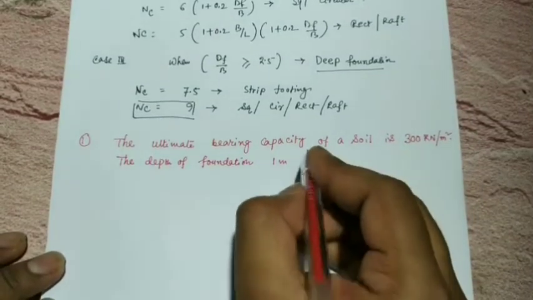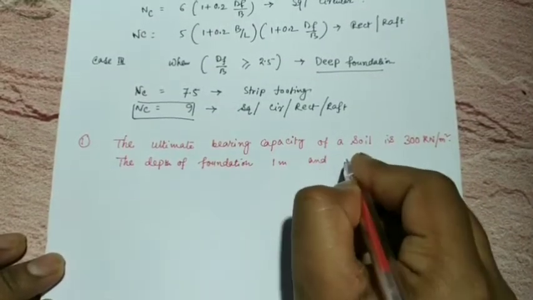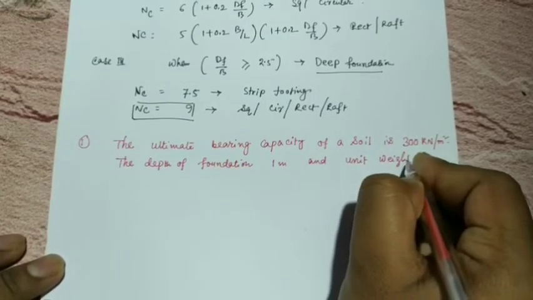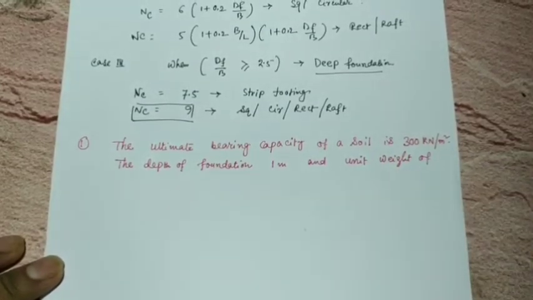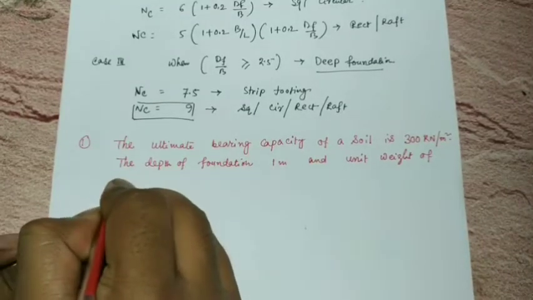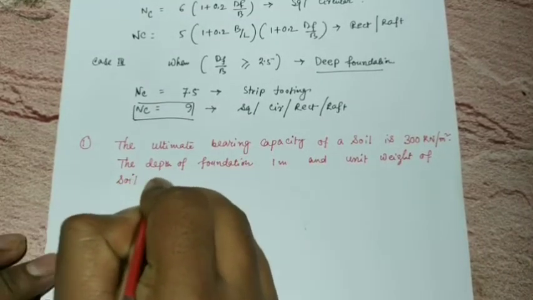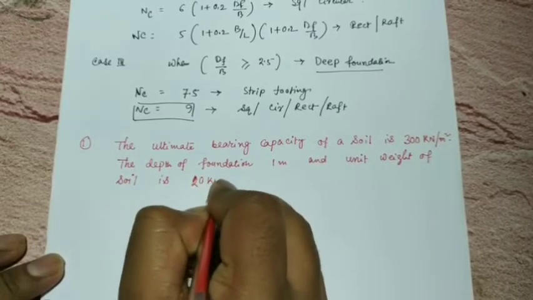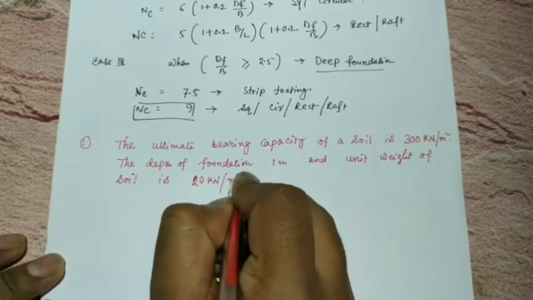And unit weight of soil is 20 kilonewton per meter cube.